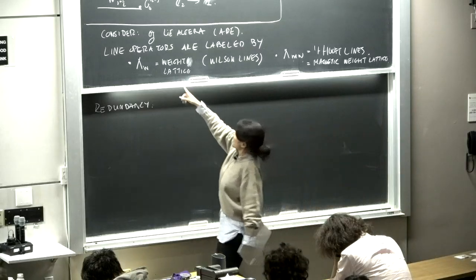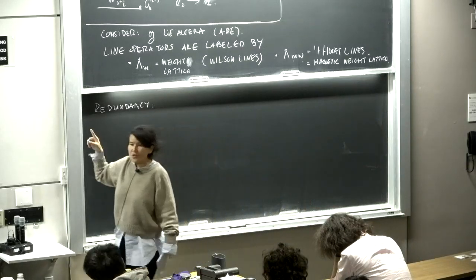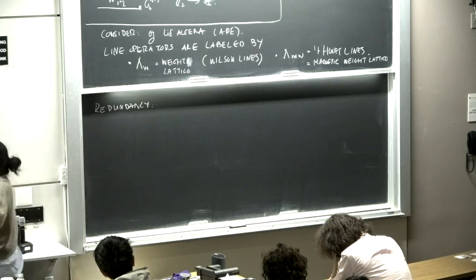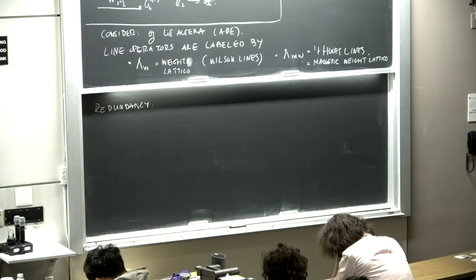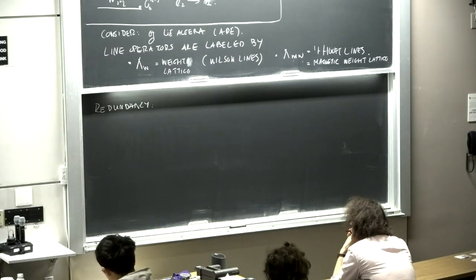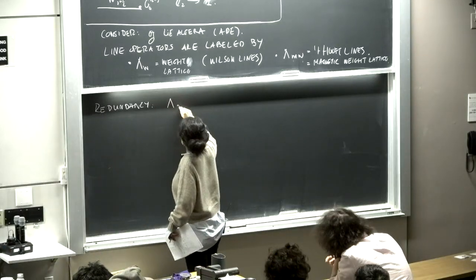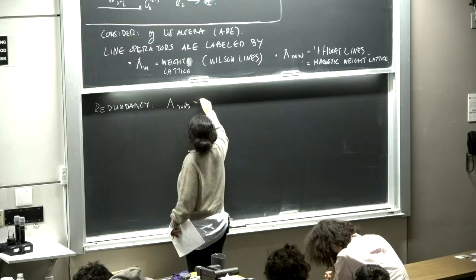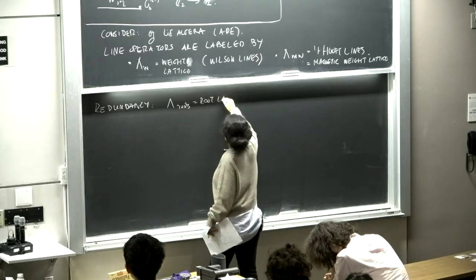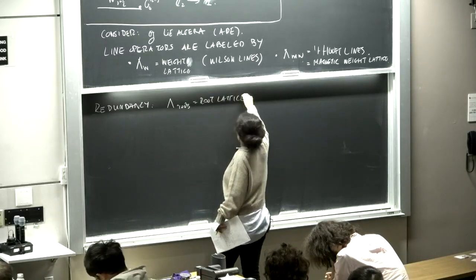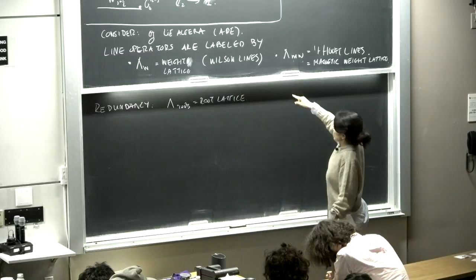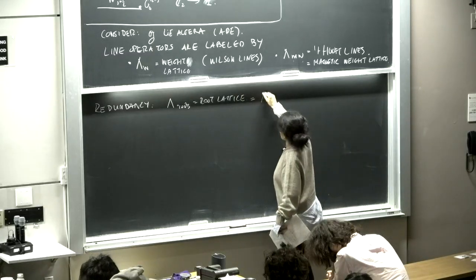Then there's some redundancy because if I have a pure gauge theory, I can always screen with something in the adjoint. So in fact, I should mod out by the roots. So Lambda roots, this is the root lattice. And for ADE, that's the same. This is also the dual, so the co-root lattice.